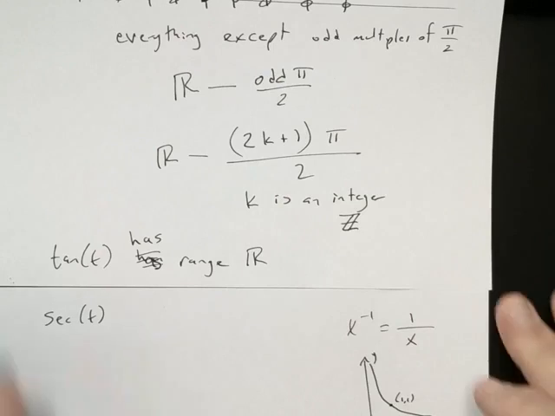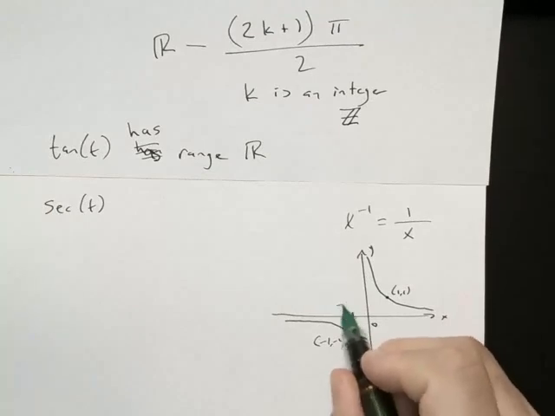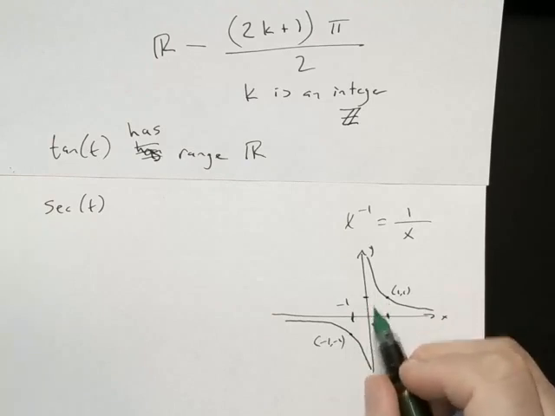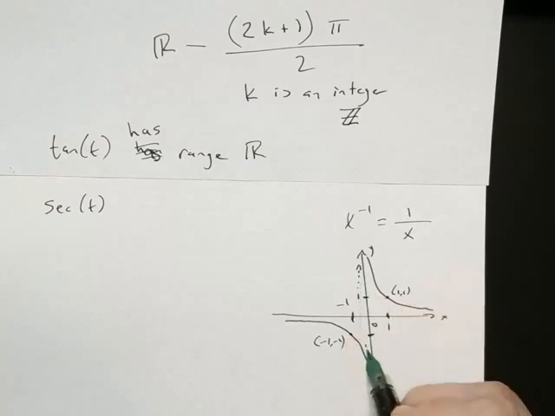So I'm off the bottom again. If I'm only looking where x is between -1 and 1, all of my y values for this graph are this way. Which means when you get stuff out of secant, you can never get a number between -1 and 1.